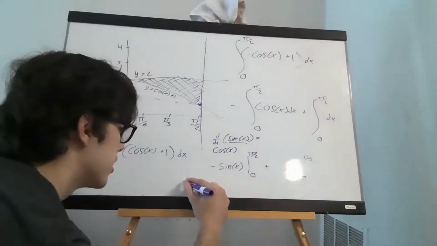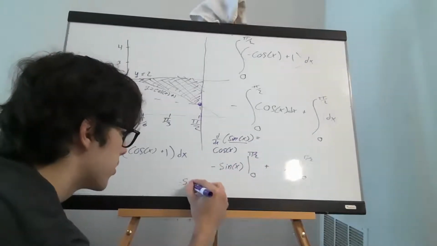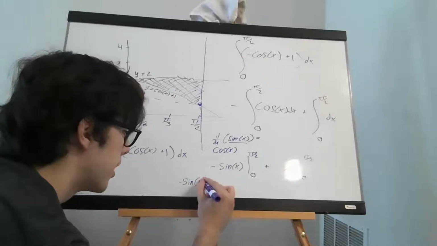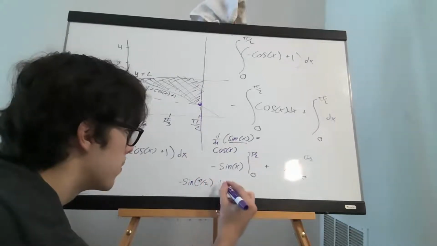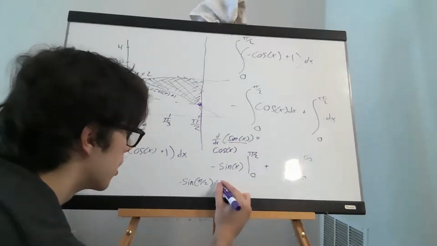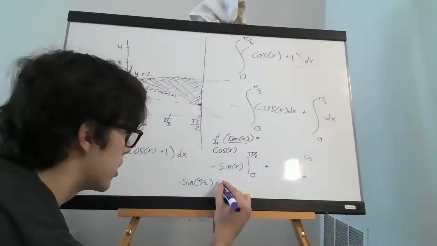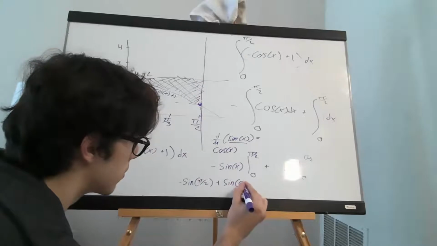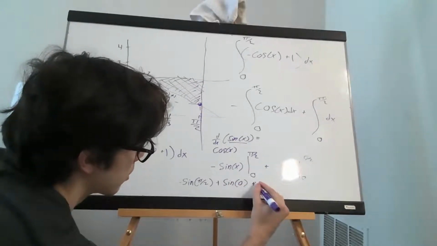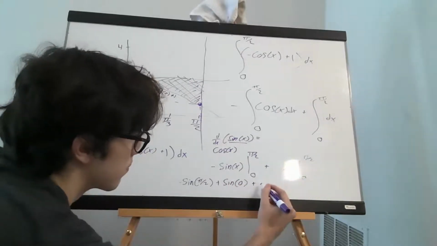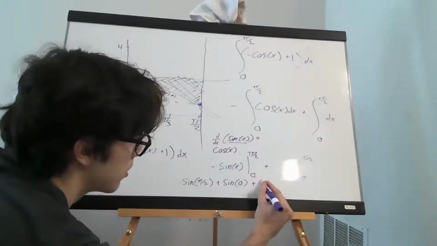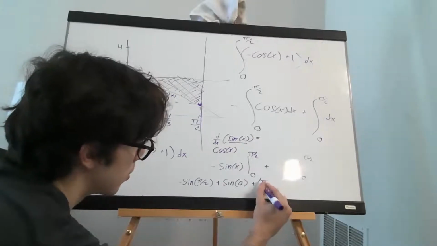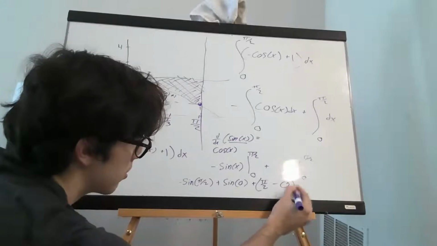So this is going to be negative sine of pi over 2 minus negative sine of 0, so plus sine of 0, plus pi over 2 minus 0.